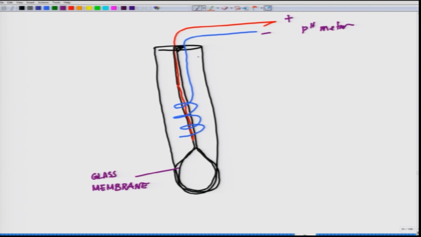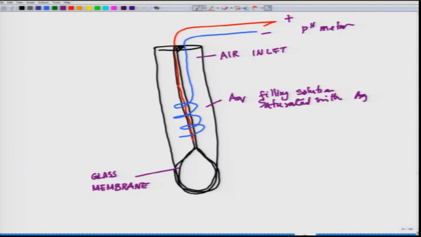And here is the air inlet. This is the aqueous filling solution saturated with AgCl and KCl.